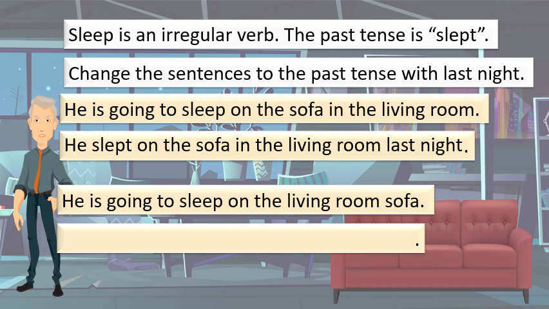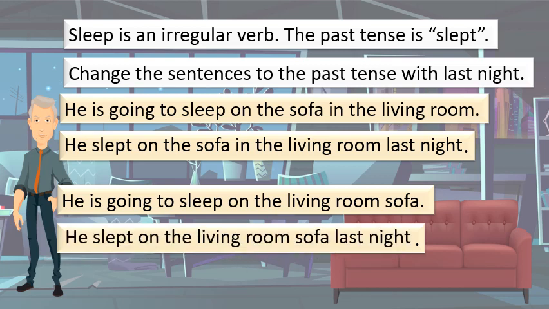He's going to sleep on the living room sofa. Change that sentence to past tense. He slept on the living room sofa last night. On the sofa in the living room.